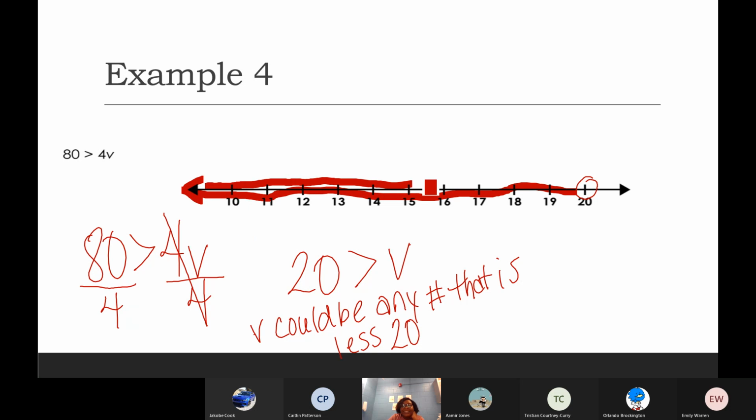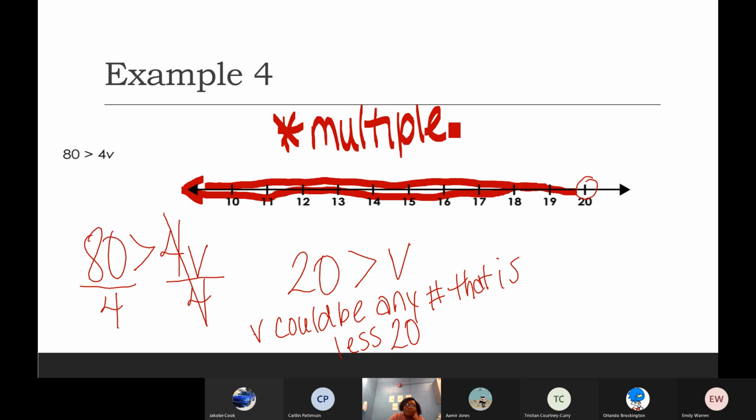Any number that's less than 20 is what V could be. Remember, multiple solutions.